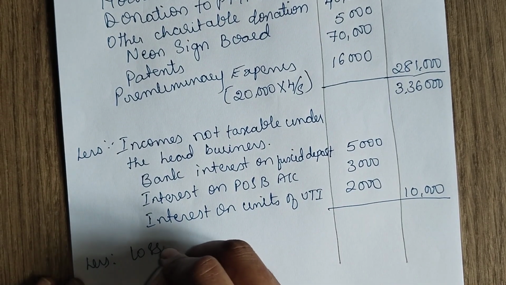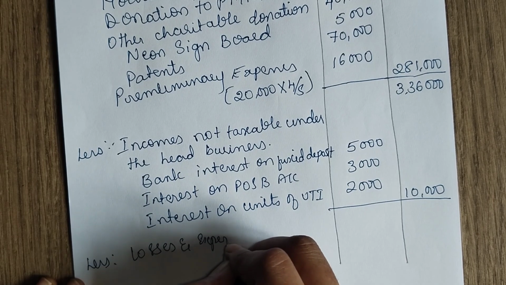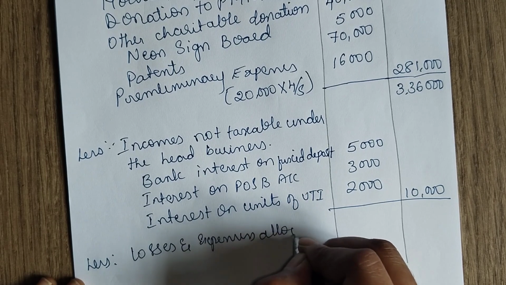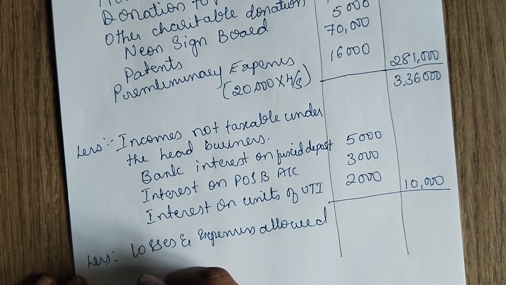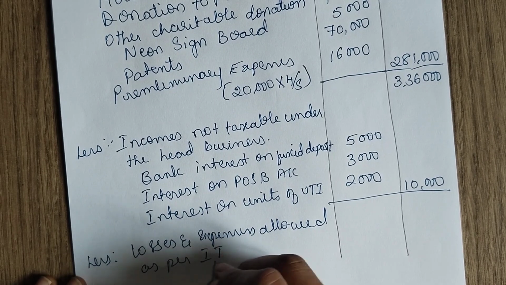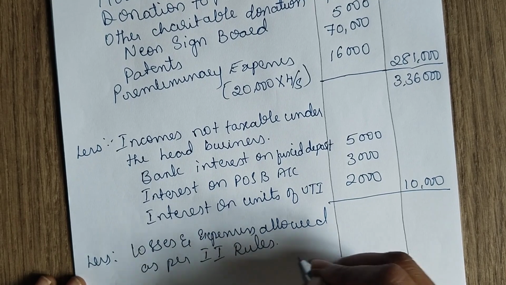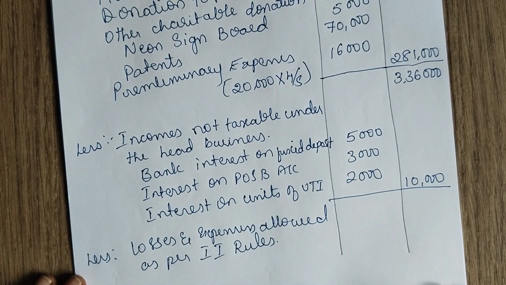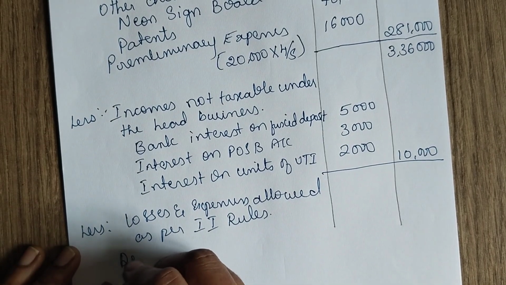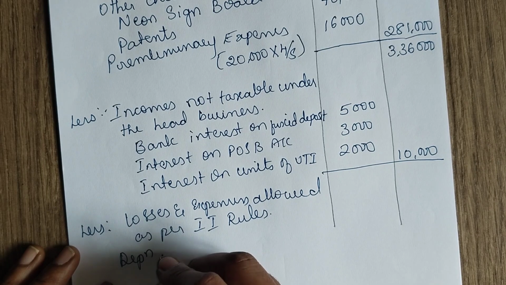Then you need to deduct losses and expenses allowed as per income tax rule, not debited to the profit and loss account. Depreciation. Depreciation on neon signboard is not shown, right?